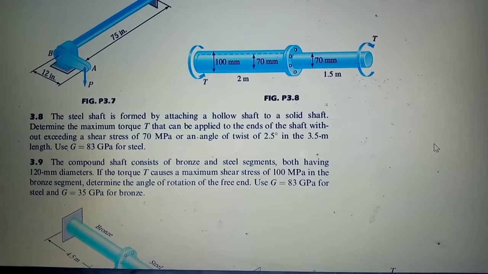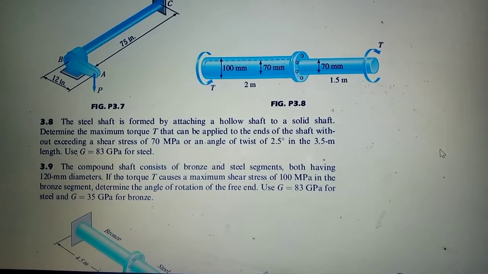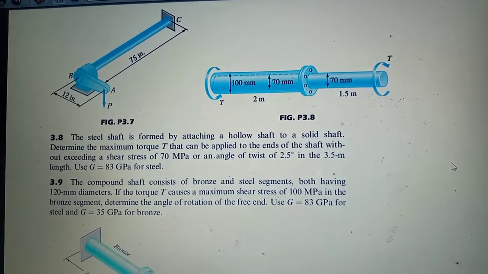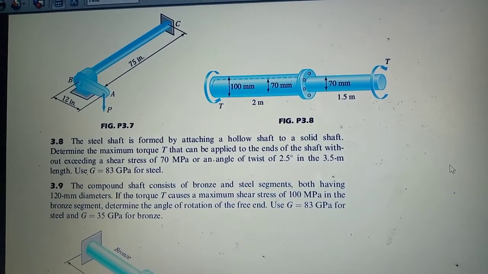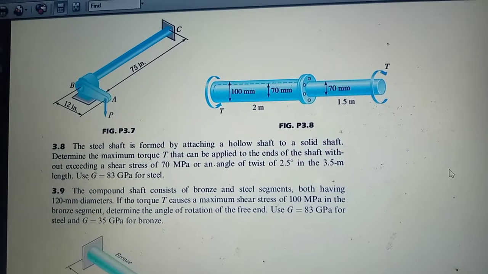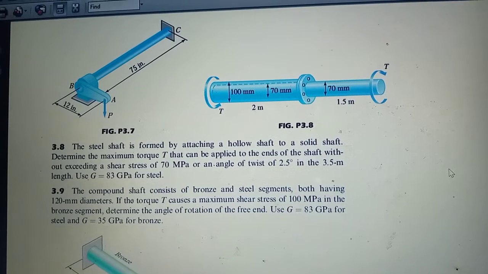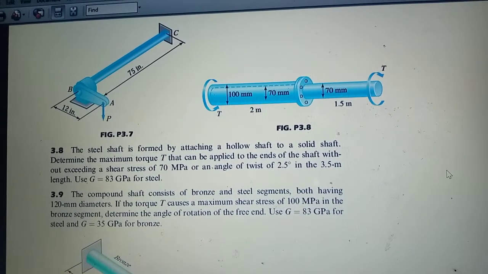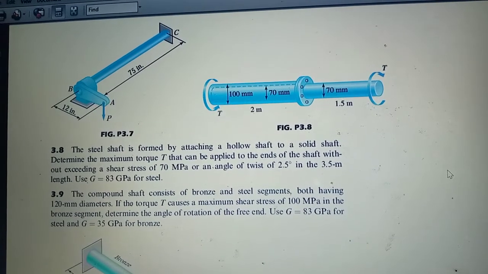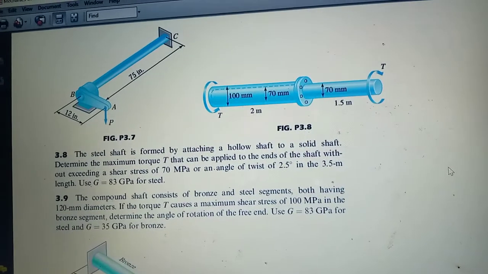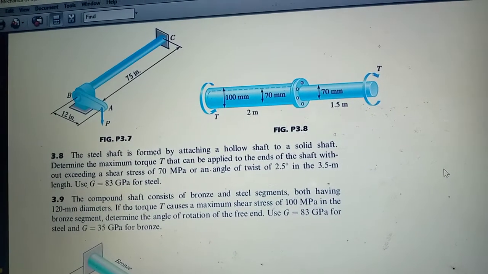Okay, good day. So today we will have another set of examples. Last video I posted three different examples, part 1, part 2, and part 3, torsion. So it's actually example number 1, example number 2, and example number 3.